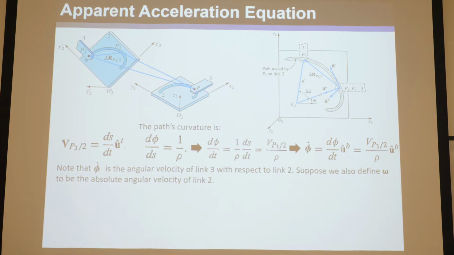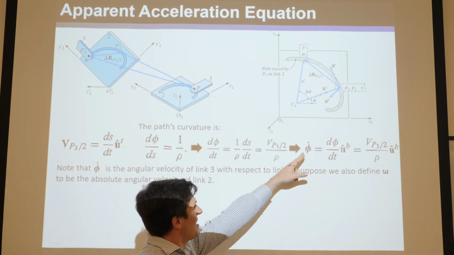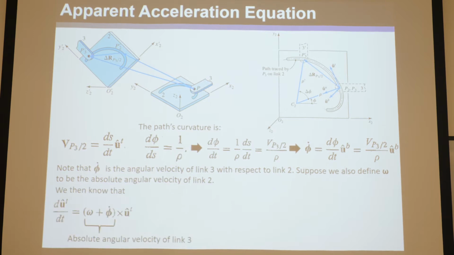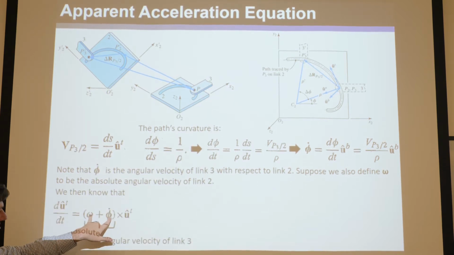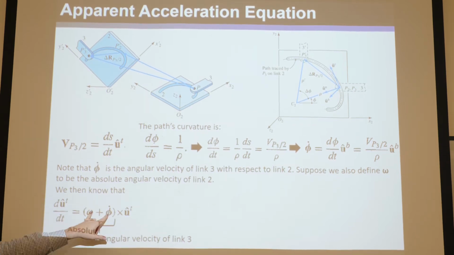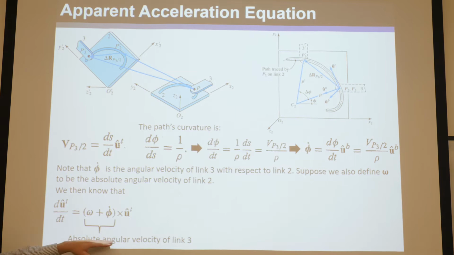But the apparent angular velocity of link 3 is, as we said, phi dot. Okay? And so you could imagine to find the absolute angular velocity of link 3, you would just add them. Omega plus phi dot, where these are both vectors, right? They're the absolute angular velocity of link 3.